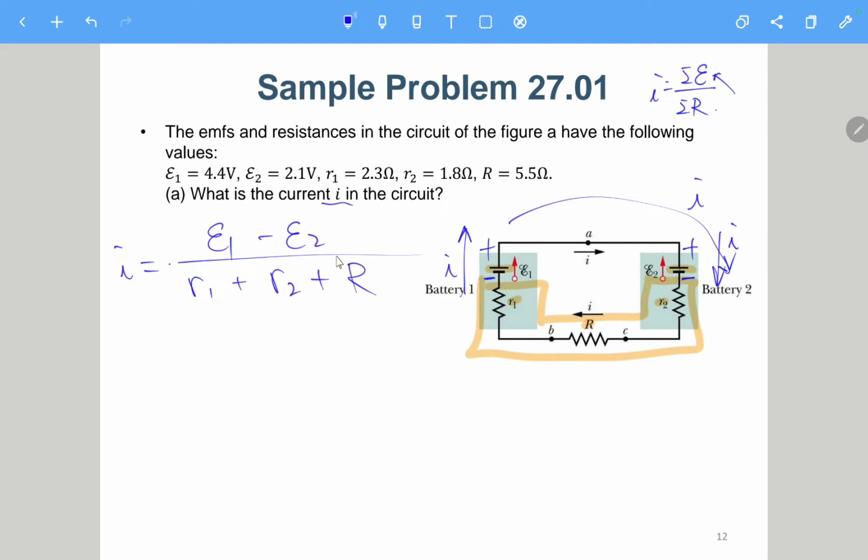So E1 is positive. For this sign, the arrow here, this is negative, so negative E2. Okay, so here we have 4.4 minus 2.1 over 2.3 plus 1.8 plus 5.5.